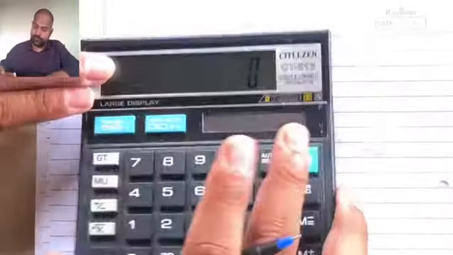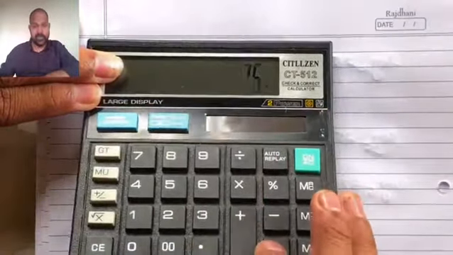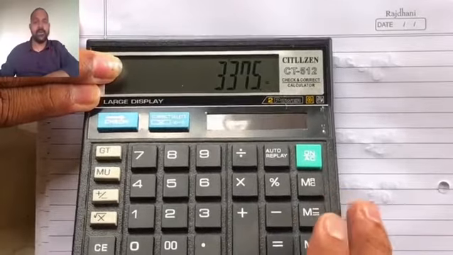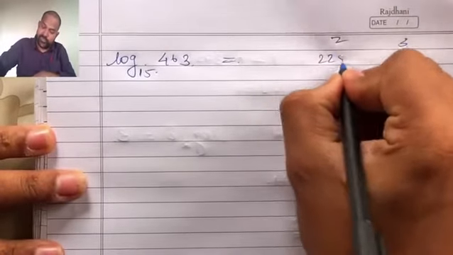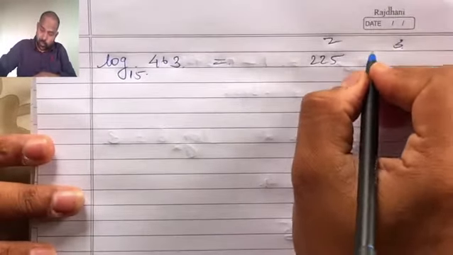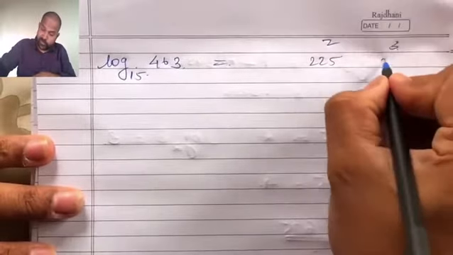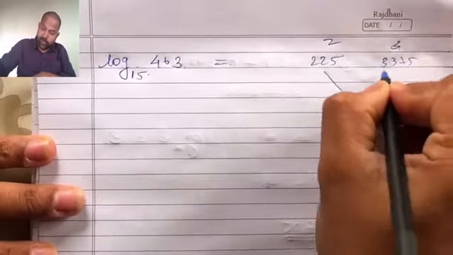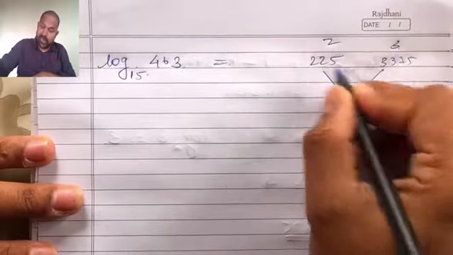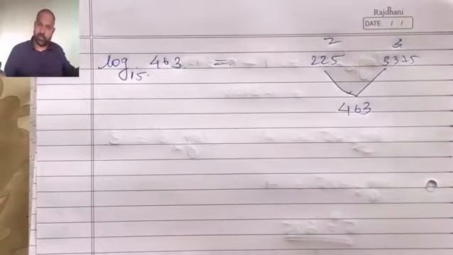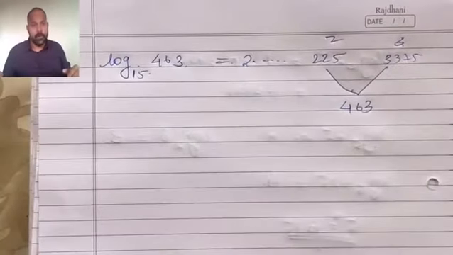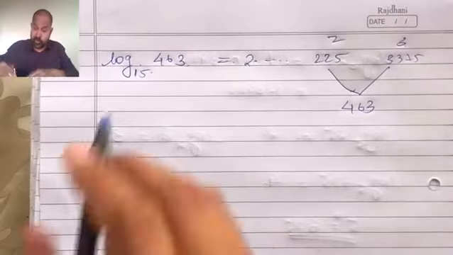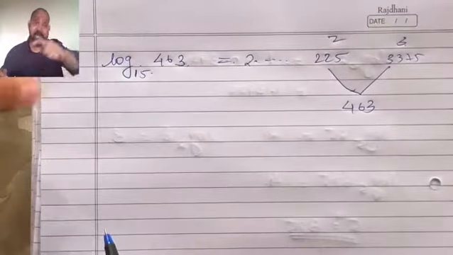The first power of 15 is 15, the second power is 225, and the third power is 3375. My number 463 lies between the two. So again, my answer is going to be 2 point something. Problem, I don't know what the exact value is because your base is 15. If your base was 10, I could give you an answer.